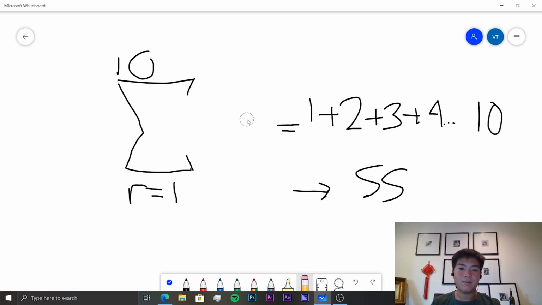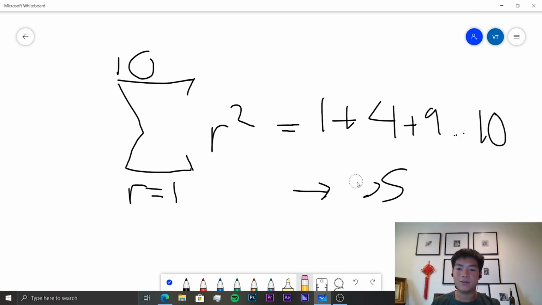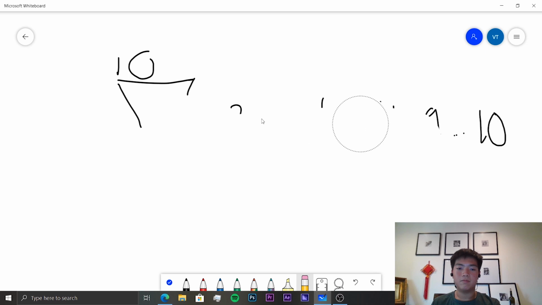Say we want to have a more complex series, say r squared, then this would be the sum of 1 plus 4 plus 9 until 100. Unfortunately, I don't know that off the top of my head, but the value of this would be equal to that.